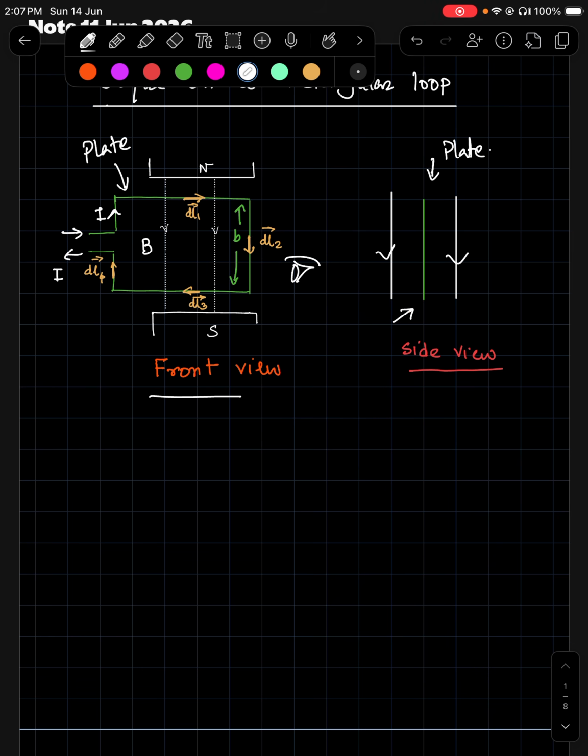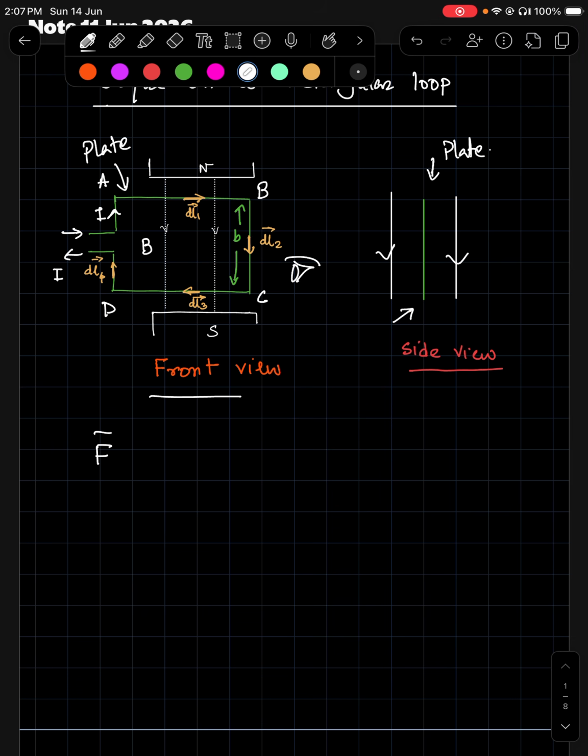To get the torque, we have to first find the forces on various segments of the same loop. So I'm going to denote the segments as A, B, C, and D. We have already taken the dl1 vector, dl2 vector, dl3 and dl4 respectively along AB, BC, CD and DA. So what is the formula of the force?